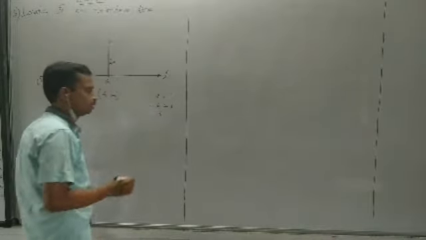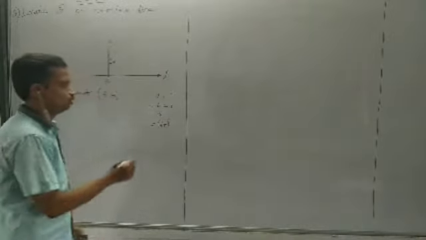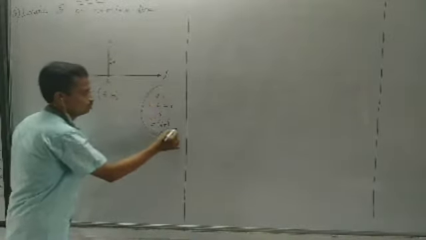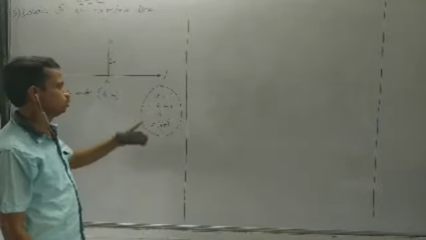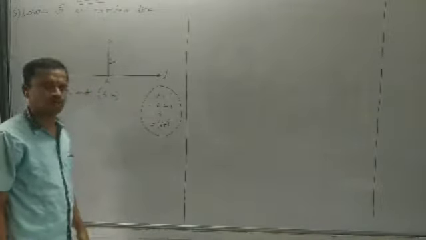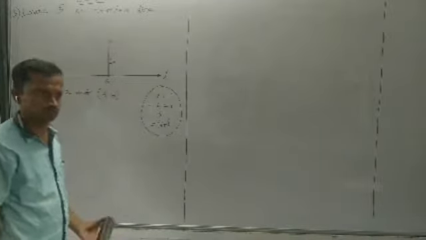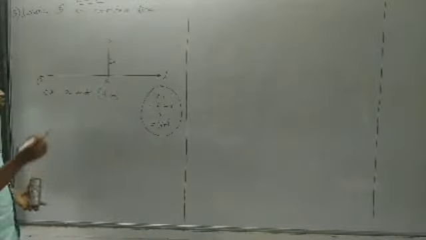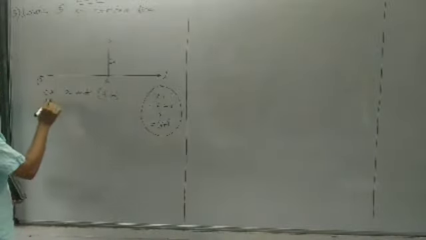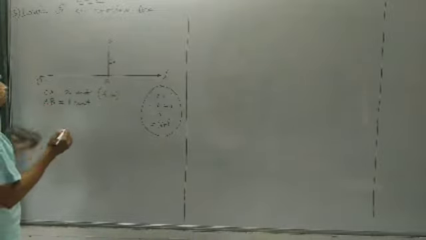And 5 is root 5 the whole square. So now you got the Pythagoras. As per Pythagoras, 2 square plus 1 square gives 5, and 5 you can write as root 5 the whole square, which is nothing but 5. So here OA is 2 units and AB you take 1 unit, and you join this.